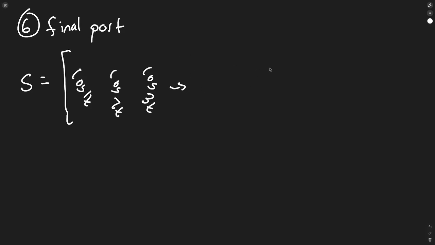But we want S inverse, because we want S inverse times our original function here. What we want is just this part to do the Fourier expansion. So what that means is we need to calculate S inverse.